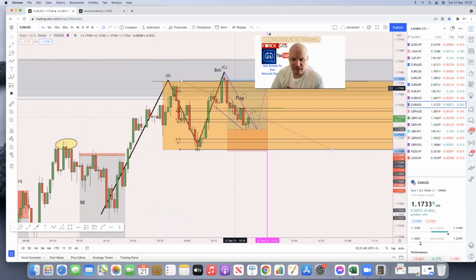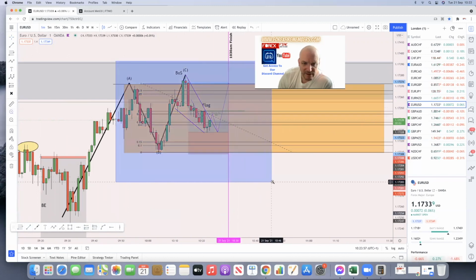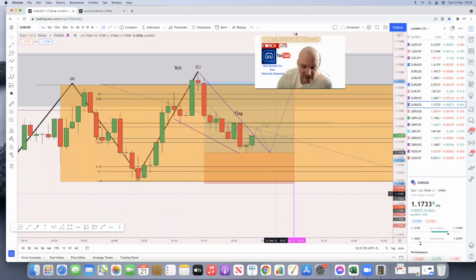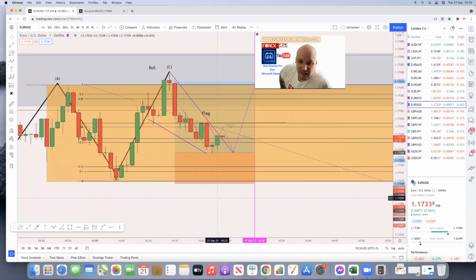There's our flag. Okay, and we're flagging back in. We're moving back up to the BE area. Like I say, I don't want to try and make these things too difficult, but I just want to show you from my mind's aspect, my sort of analysis, what I'm looking at, a bit more of a deeper dive into the trading. Let's just see if it holds the structure.